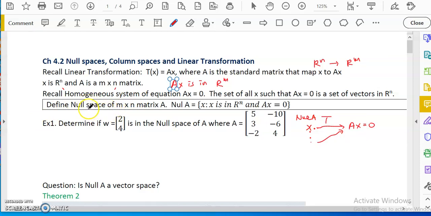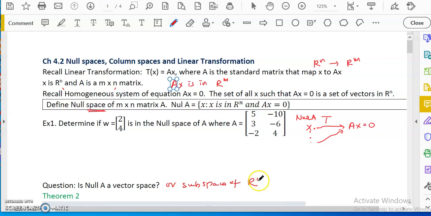Now I use the word space here, so are we sure that it is a space? It is just all those x that after I do the transformation is equal to 0, right? So it is indeed a space, a subspace of Rn.